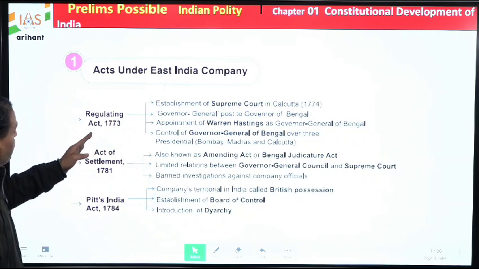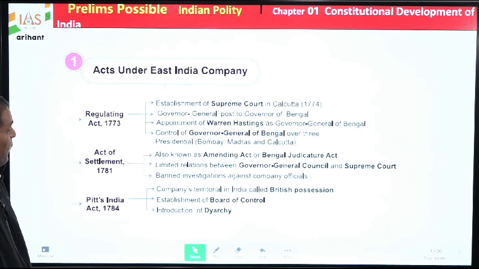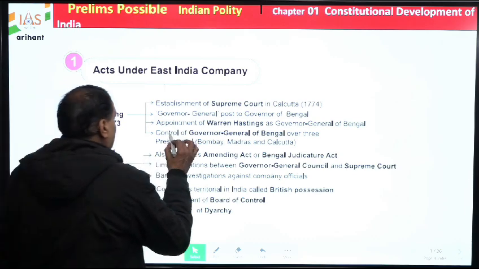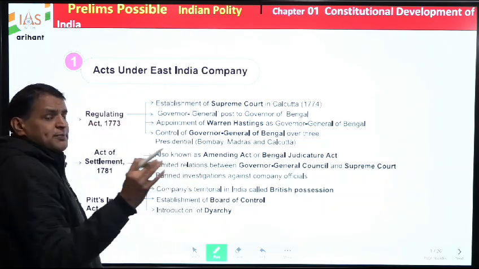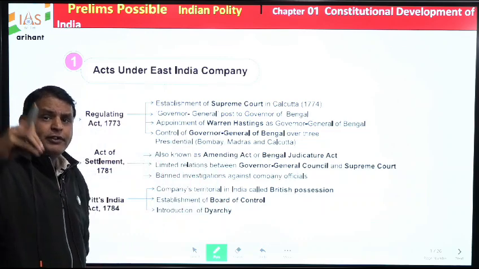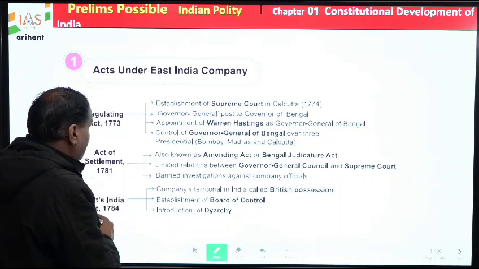The main features of the Regulating Act were the establishment of the Supreme Court in Calcutta in 1774, the post of Governor General for the Governor of Bengal, and the appointment of Warren Hastings as Governor General of Bengal, who held the main power. It was basically the central point of the British period of the East India Company.